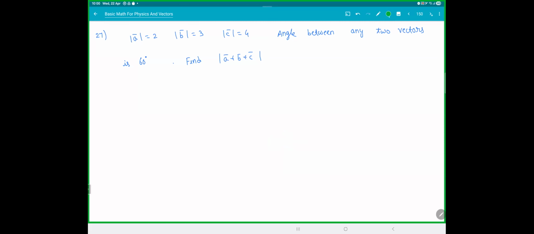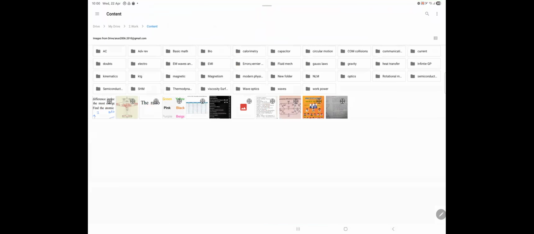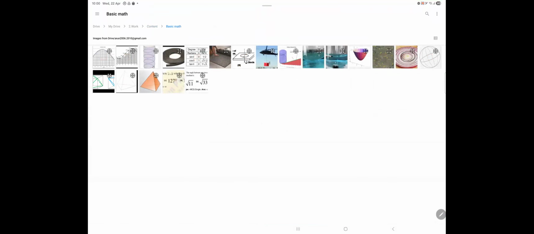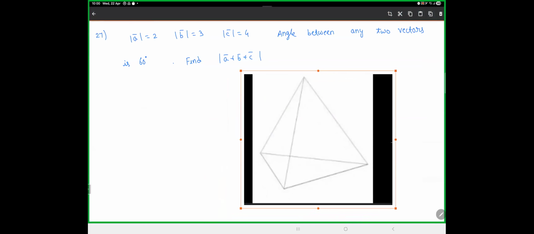I'll draw a little big. This is 1, this is 1, and this vector is coming out of the plane. So this is 60, this is 60, and this is 60. So I'll show you. Let's see. Imagine this. This is called a tetrahedron.